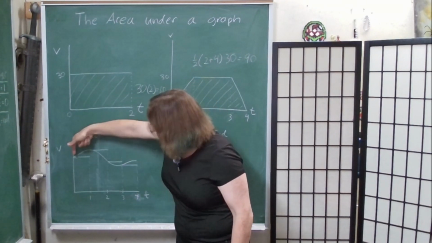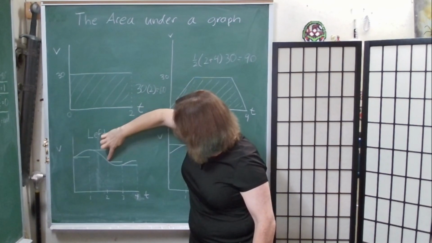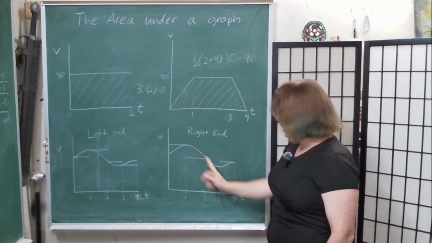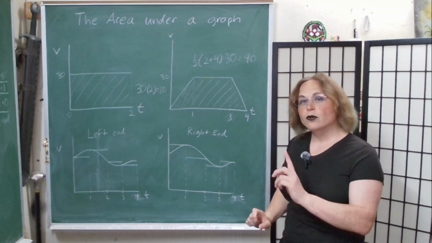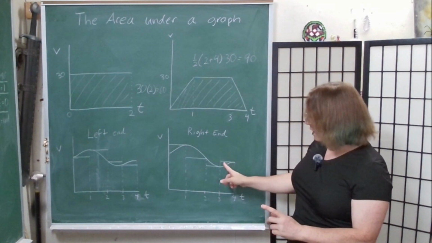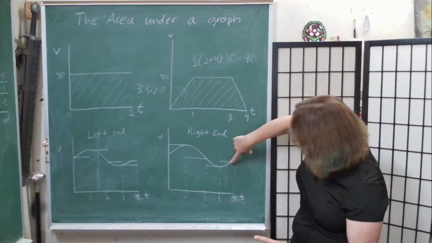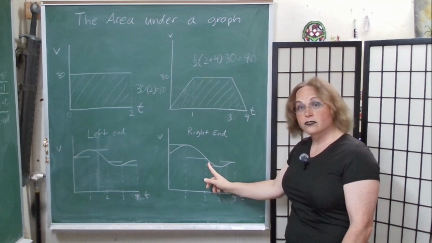We're either going to be looking at everything from the left, so we count here, here, here, and here, or we count everything from the right. So we would count here, here, here, and here. What you'll notice is that both of these are just approximations. They either have extra bits like this, or they're missing bits like this.